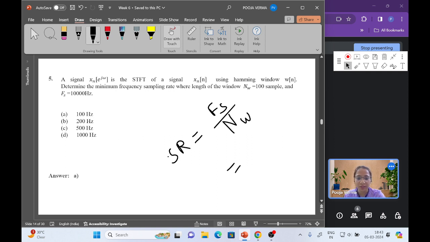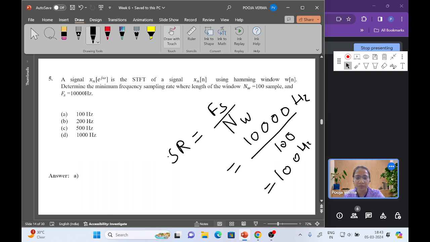Fs is given as 10,000 hertz and NW is given as 100 samples. So we will get only 100 hertz. Okay, this is in hertz.